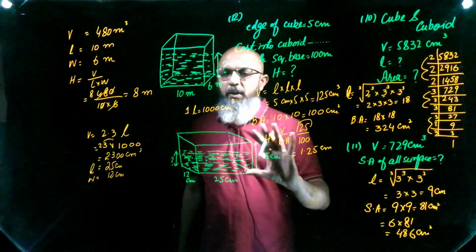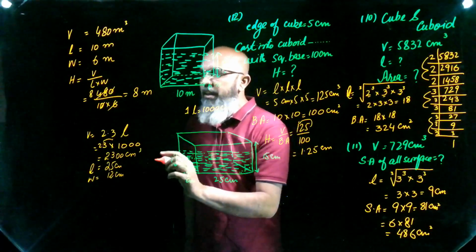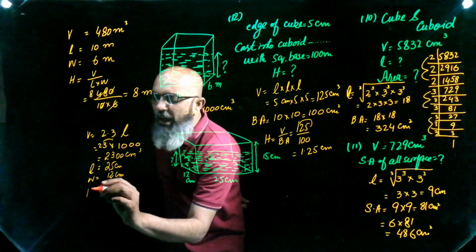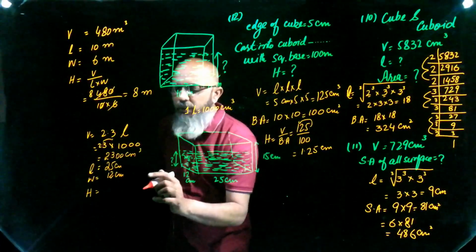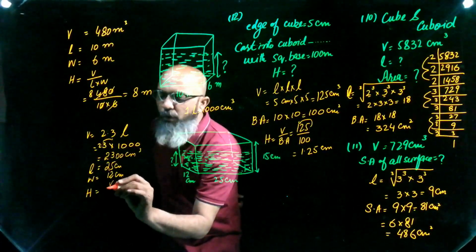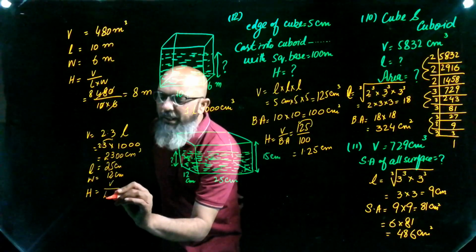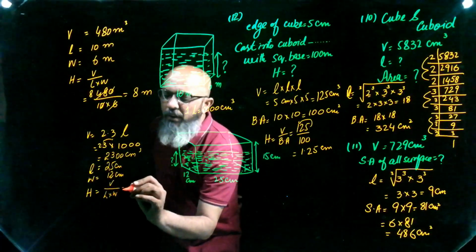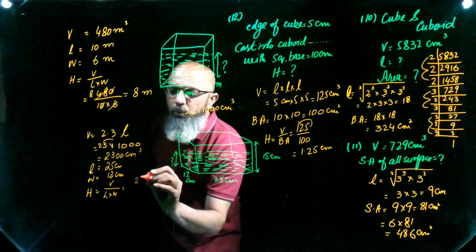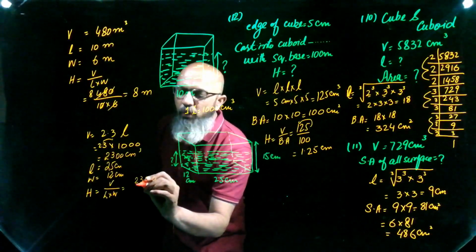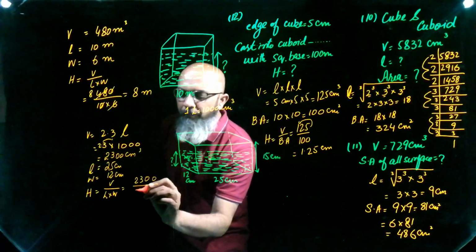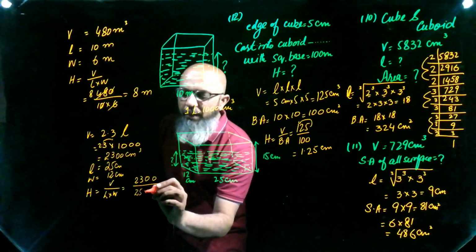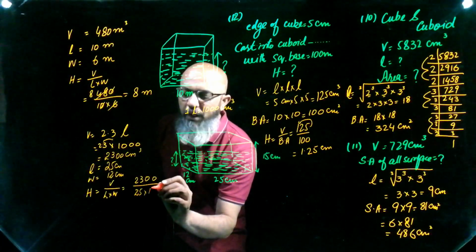We have to find the height of the water. Again we have the same formula: two known values and the volume are given, so volume divided by length into width. Your volume is 2300 divided by your length 25 and your width or breadth 12.